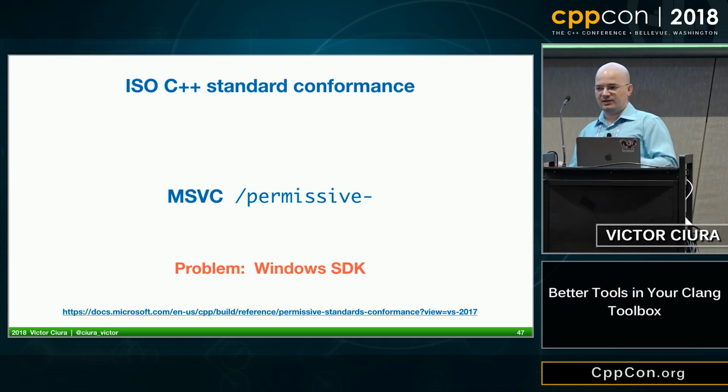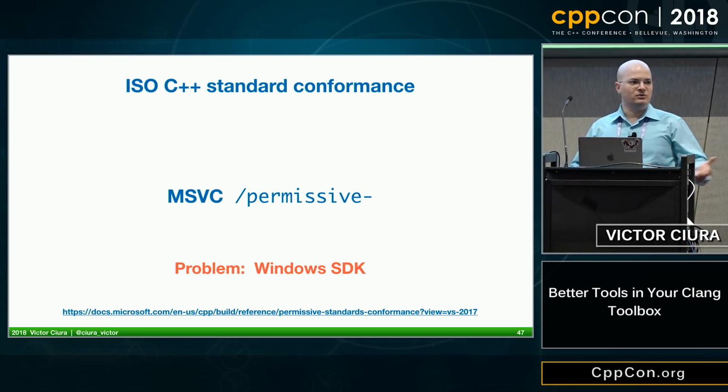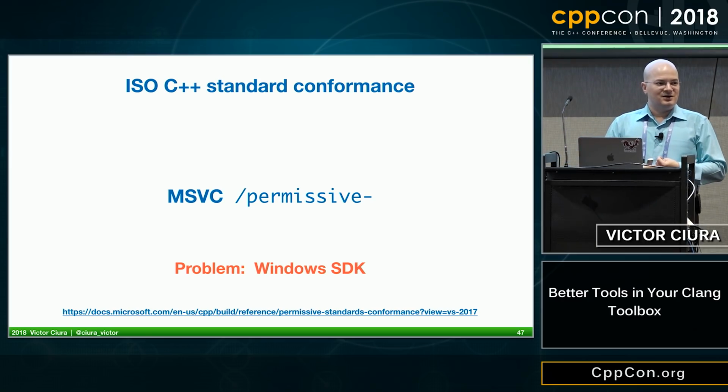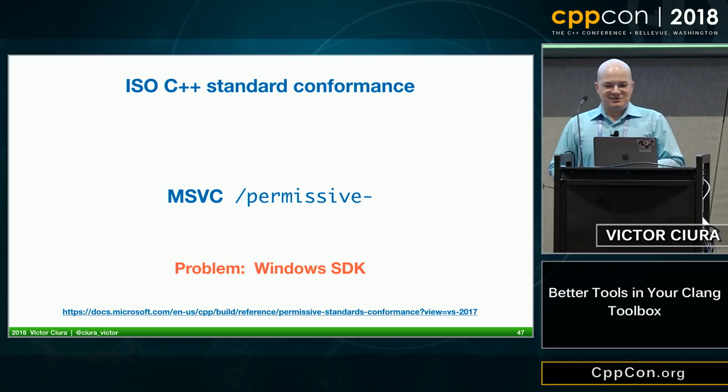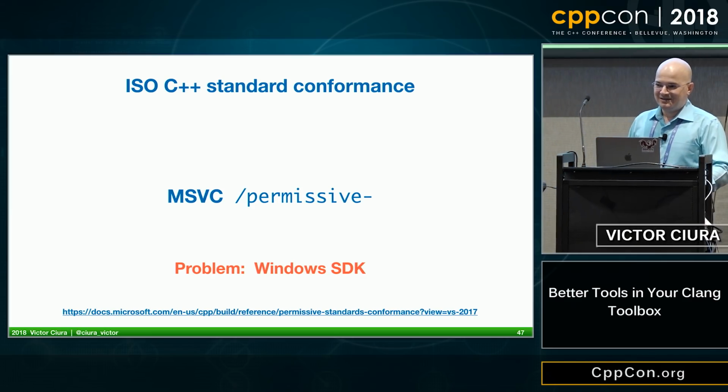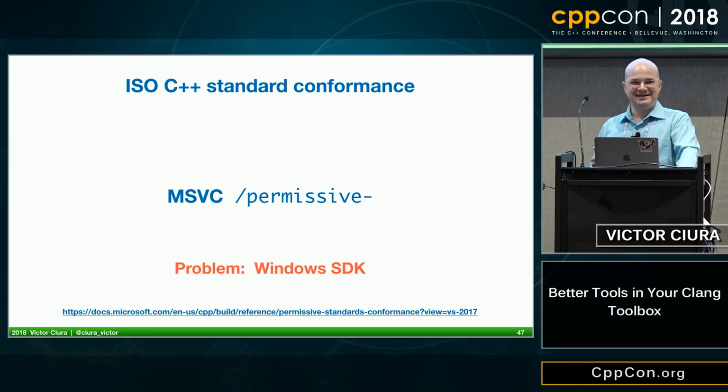Everything that used to compile, and they do need to compile the whole Windows and SQL and Office. Think about how much code is in there. And they're not using Clang Power Tools to modernize it. So, yeah, it's a lot of work. Fixing permissive minus issues is not a small task.